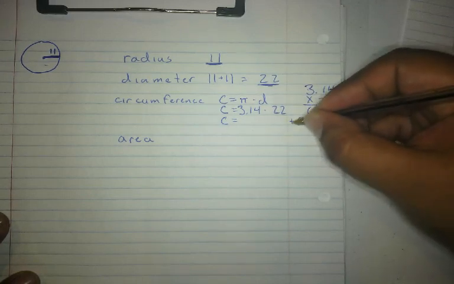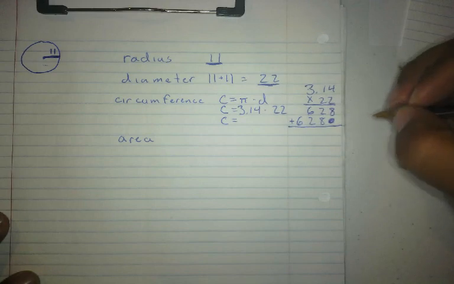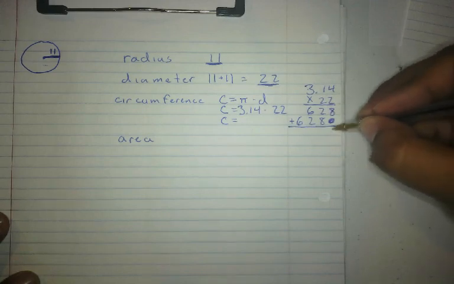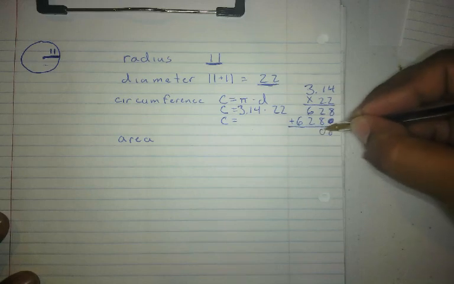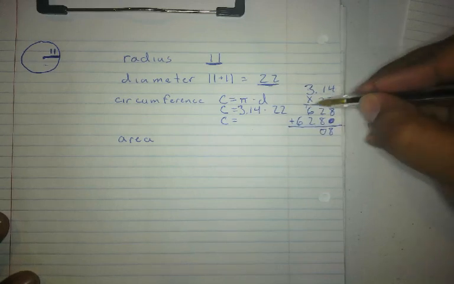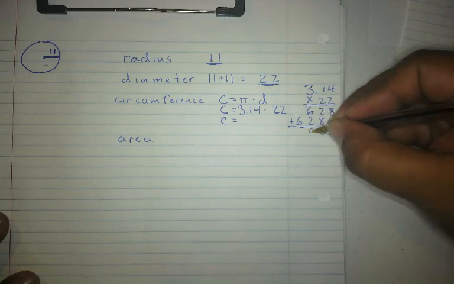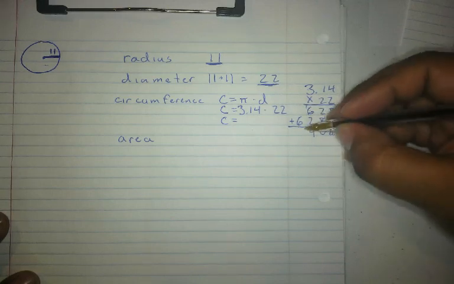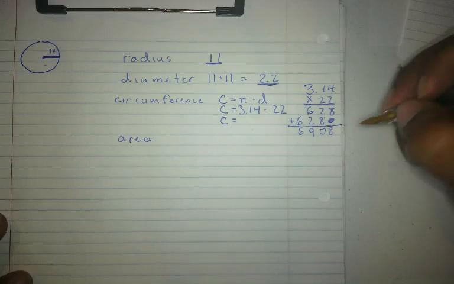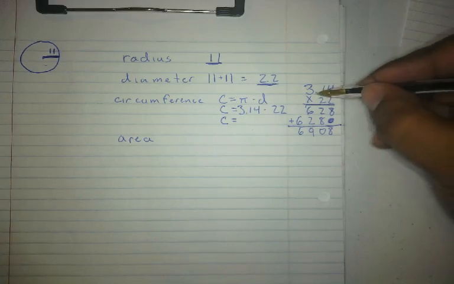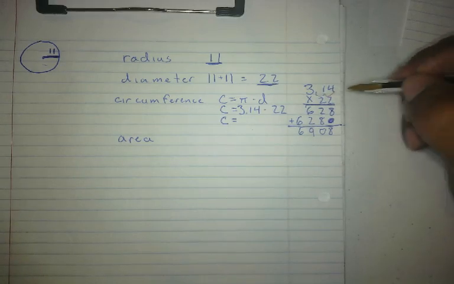So now I'm going to go ahead and add all of those partial sums to give me my final answer. So 8 plus 0 is 8, 2 plus 8 is 10, so I got to carry the 1 over here. So 1 plus 6 plus 2 more makes 9. And then the 6 is all by itself, so a 6. Now I had 1, 2 decimal place values.